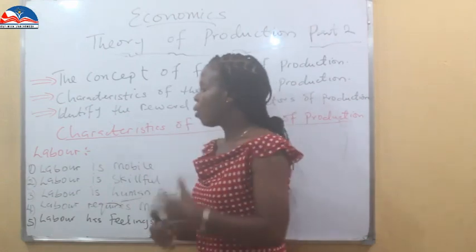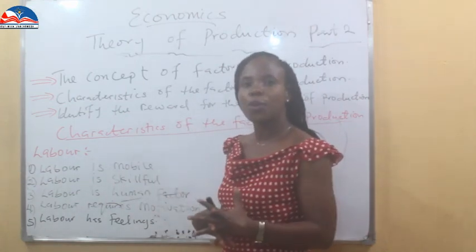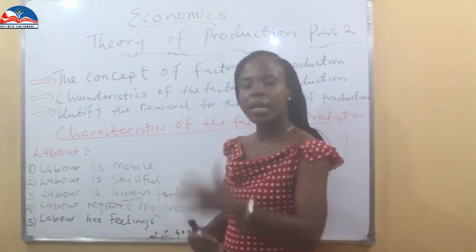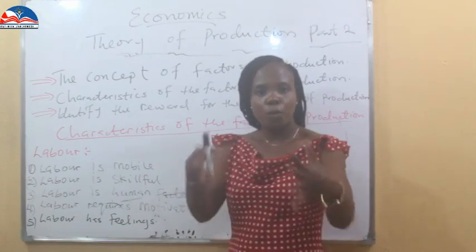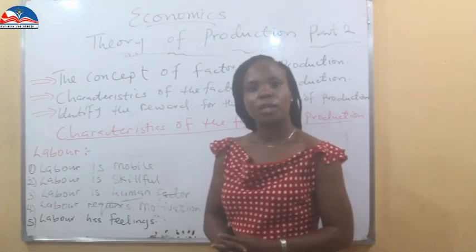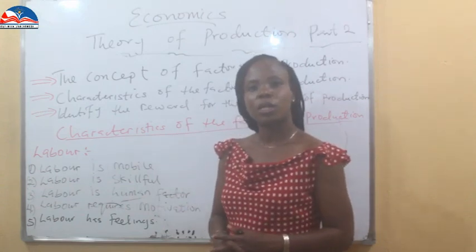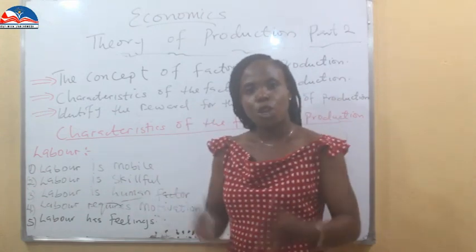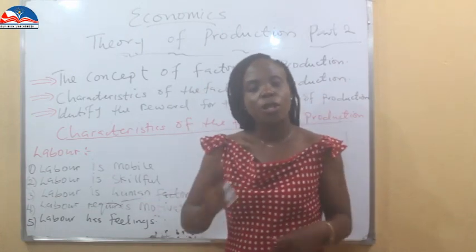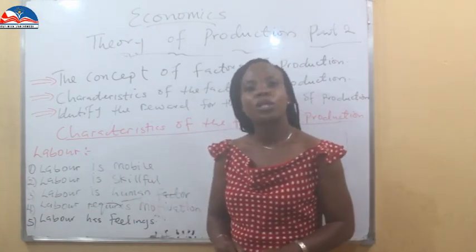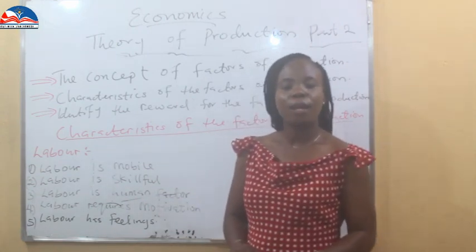So labor helps in putting other production processes together to bring in goods and services. Human effort, human skills, human initiative, human creativity put into the production process to come up with goods and services. That is labor.